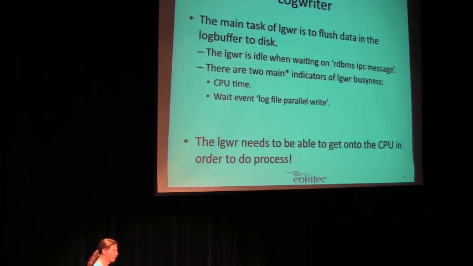So if the load of your system is way beyond the number of cores, there will be a queuing time in the operating system's scheduler before the log writer can even get on the CPU, and it can only do things like writing and signaling processes that it's ready if it gets onto the CPU. This boils down to, for example, Kevin Closson saying, in the end, everything is a CPU problem.